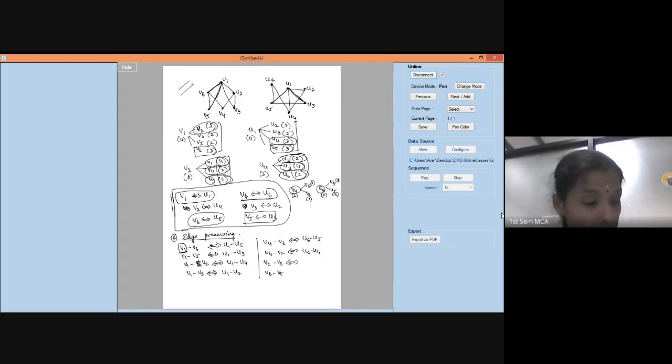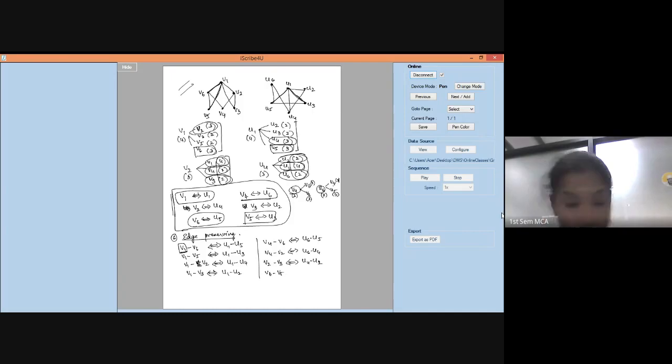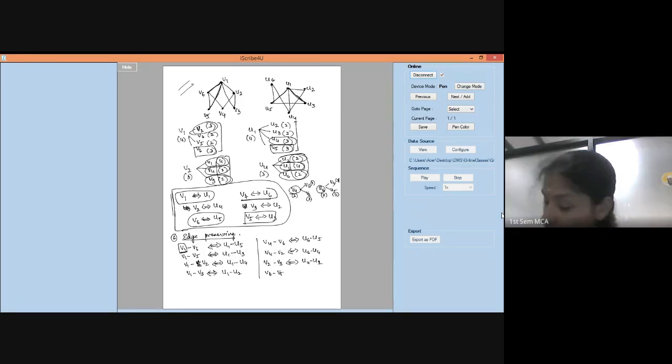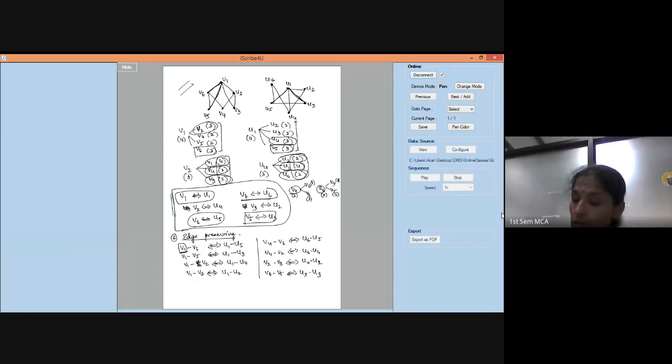V2, V3: U4, U2. V6, V5: U5, U3. All right. So for all the 8 edges of G1, we have an equivalent edge in respect of G2. So our edge preserving property is also satisfied.